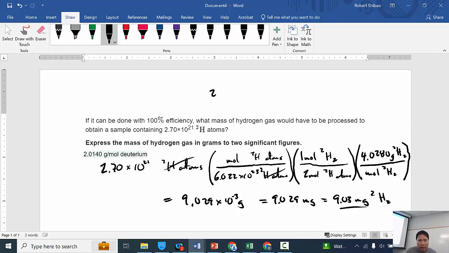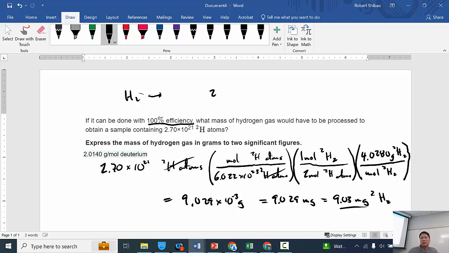I would double check my calculation. Well, let me answer this question first, and then we'll look at that. Why didn't we use 100% efficiency? That's because if you had a sample of hydrogen, just H2, then we would use it if, let's say, 50% of the hydrogen was deuterated, or 1% of the hydrogen was deuterated.